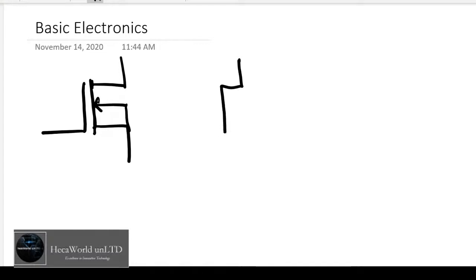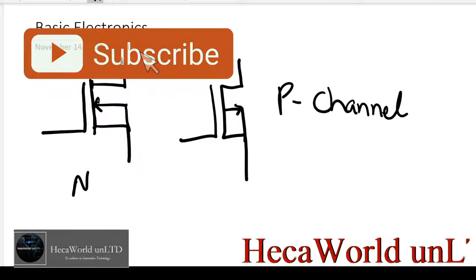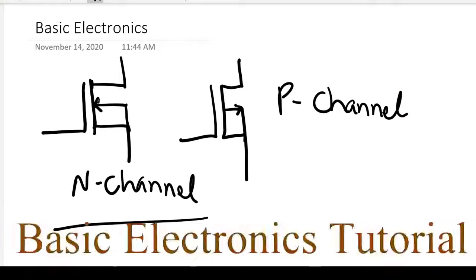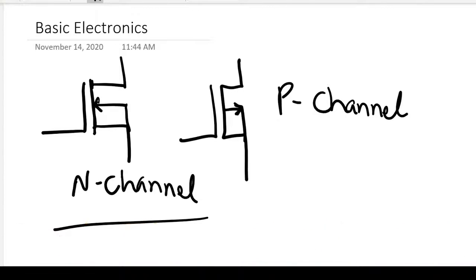So this is the P, there's the N. When the arrow is coming out, we know it's the P. When the arrow is going in, we know it's the N. You can watch the video from last week.